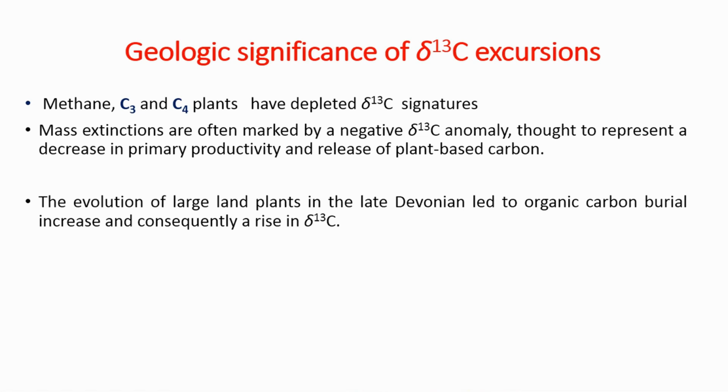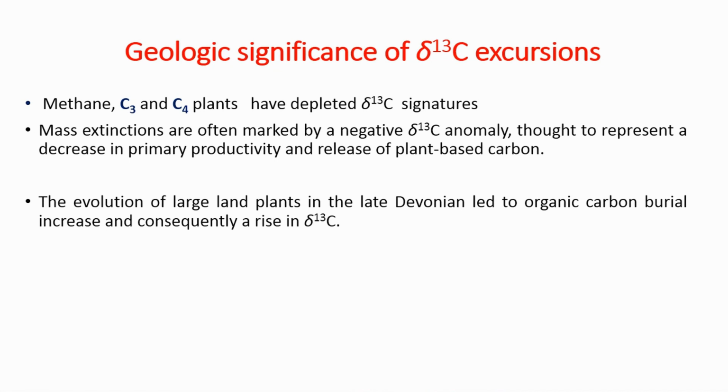C4 plants have depleted delta carbon 13 signatures. Also, mass extinctions are often marked by a negative delta carbon 13 anomaly, thought to represent a decrease in primary productivity and release of plant-based carbon. This is the global warming scenario.